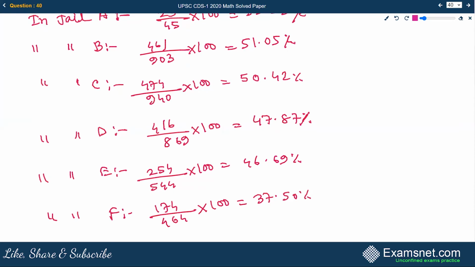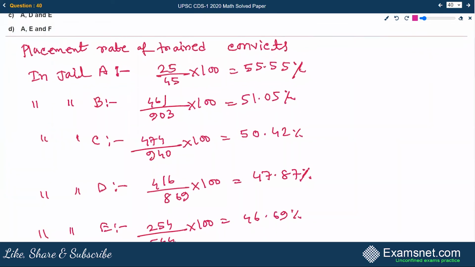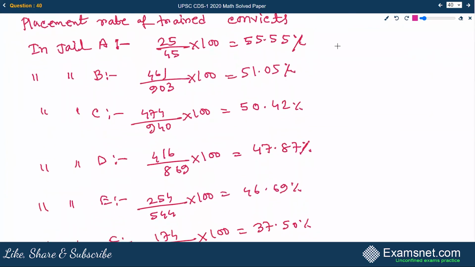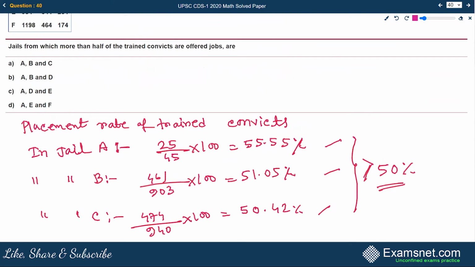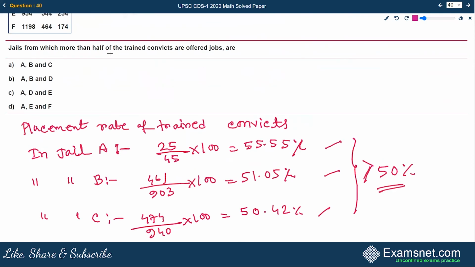So we can see more than half of the trained convicts are offered jobs in jail A, jail B, and jail C also. These three placement rates are more than 50%. So the jails from which more than half of the trained convicts are offered jobs are A, B, C. Here option A is the correct answer.